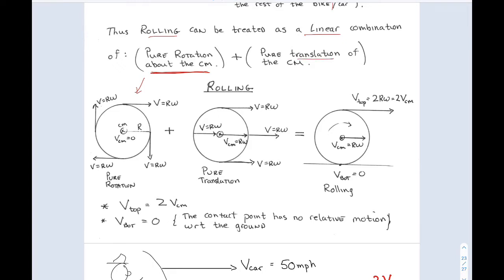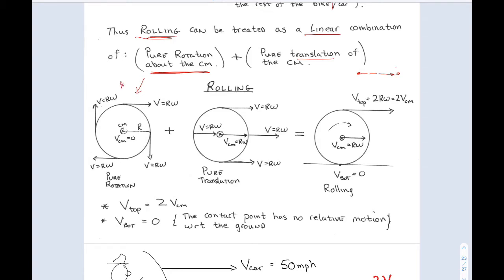Translate means to move from point to point in a straight line. So if I move from that point to that point in a straight line, that means I translate. Rotate means obviously to move around in a circle. So we can treat rolling as a linear combination of pure rotation and pure translation of the center of mass.